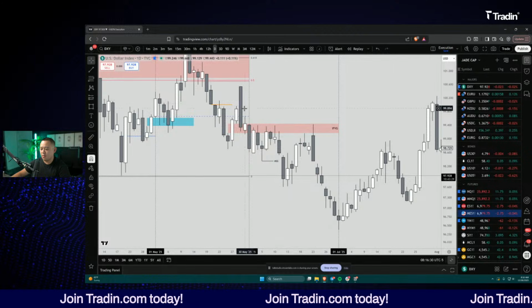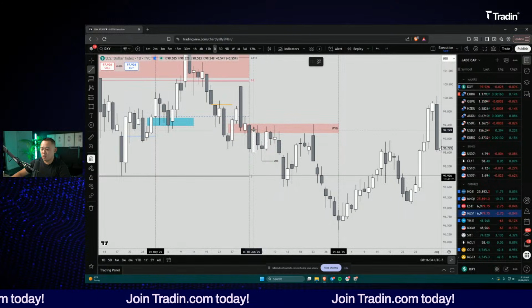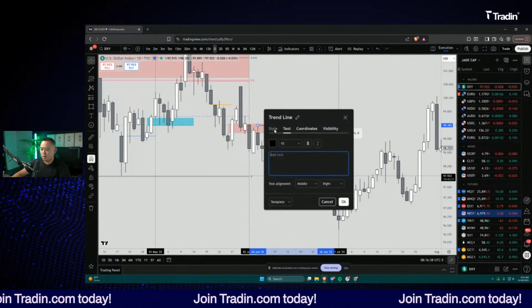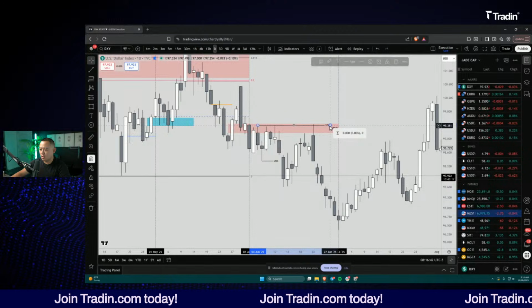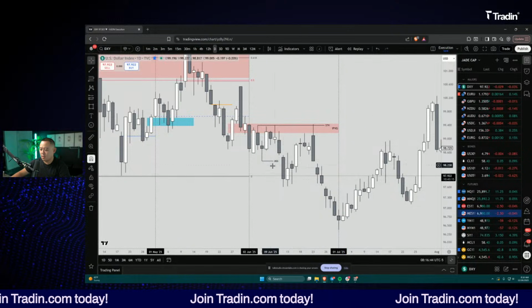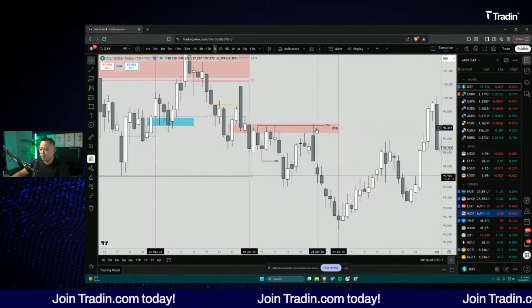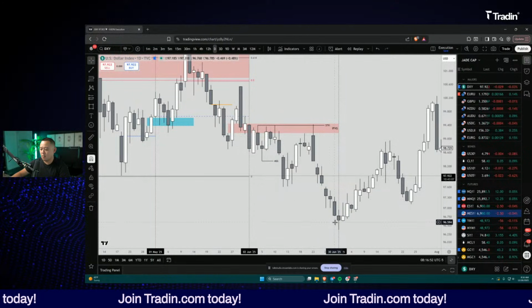You can see that we have a lot of engineered liquidity up here. We have short-term highs. We have this equal high liquidity. Once we take out this low down in here, we're in a discount. It trades up to short-term liquidity up here, takes out this short-term high, and then rolls over again, going into the end of the month.